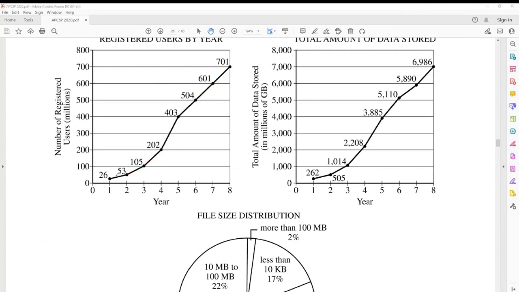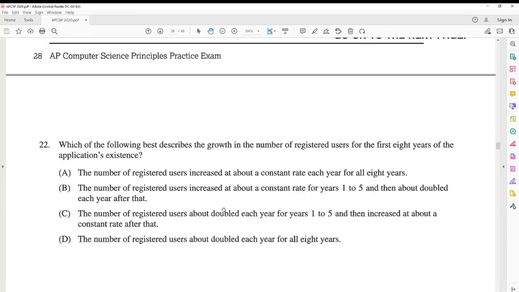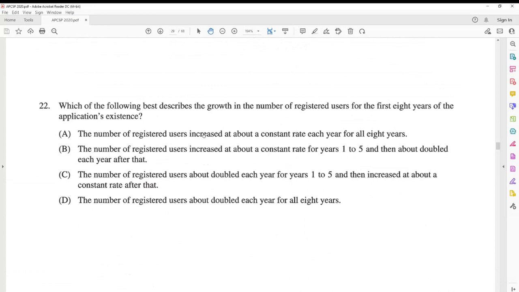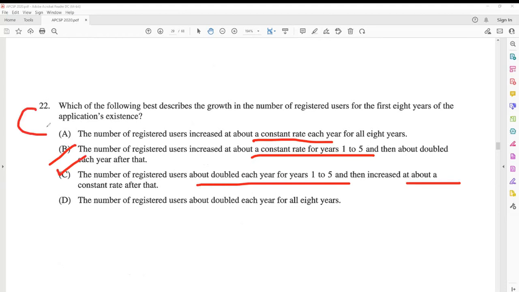It grows faster in the first 5 years and then slows to a constant increase. Constant rate for 8 years? No. Constant rate for 5 years? No. Double every year? Yes. Increased by a constant amount after that? Yes. So C is a better answer.